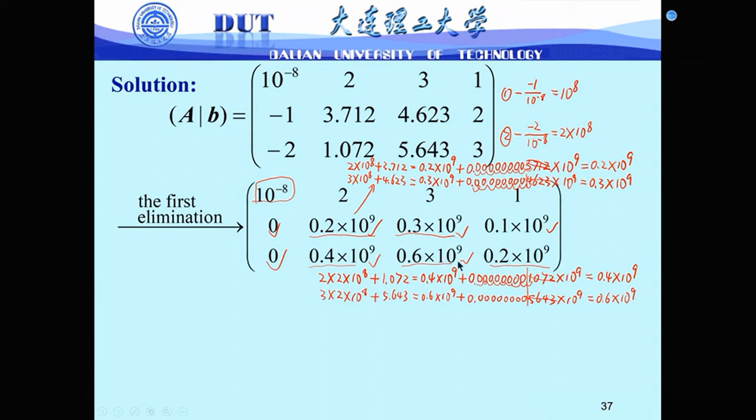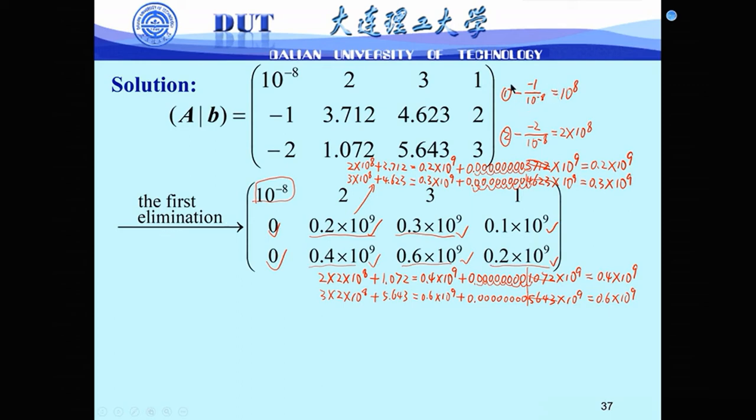It's okay for you? And this number, now you see the last number, is just 1 multiply the multiplier, 2 multiply 10 to 8. So it is just 0.2 multiply 10 to 9. It's okay for you? Now we checked the 2 rows by the first elimination.